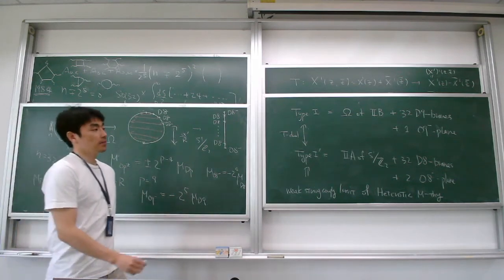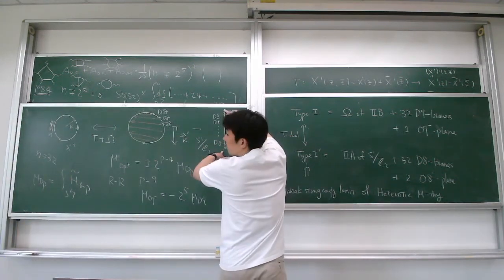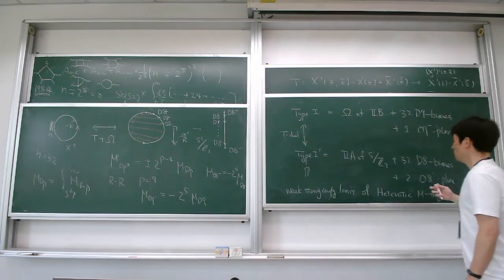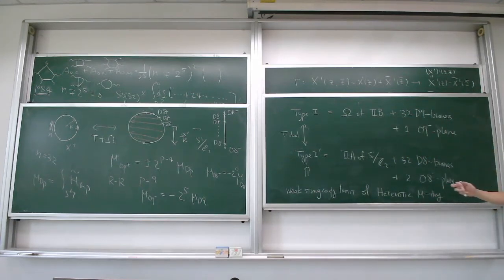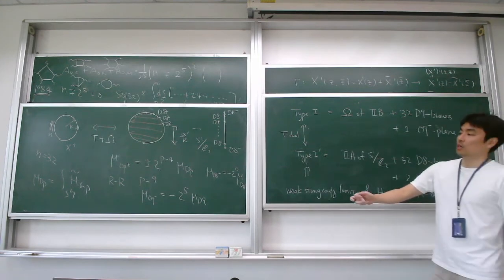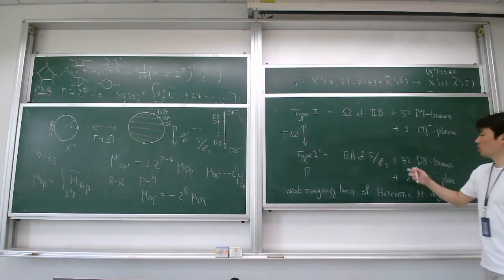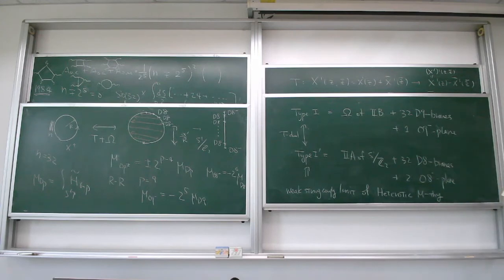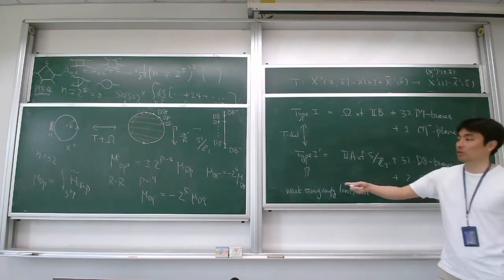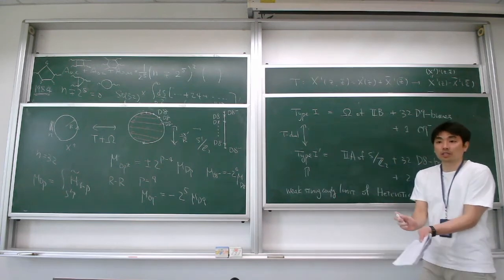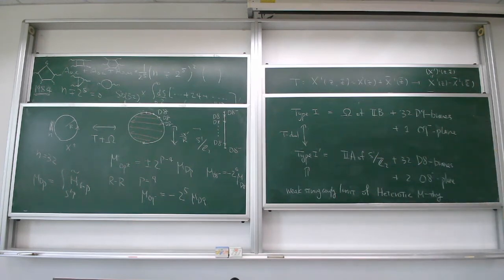Since we now have two O8 planes sitting on the edge of this orientifold projection, 2 times the O8 Ramond charge is equal to 32 times the Ramond charge of the D8 brane. So they cancel each other. That's another way to see anomaly cancellation.